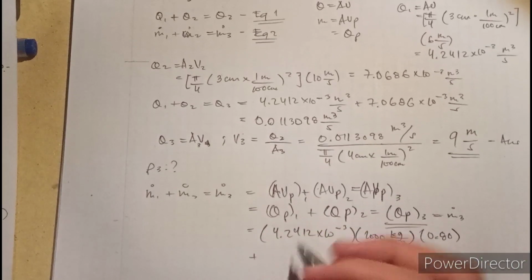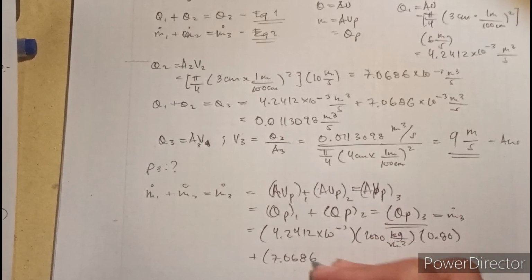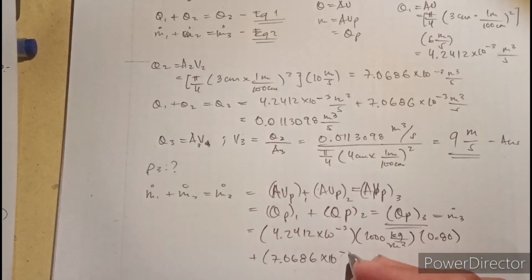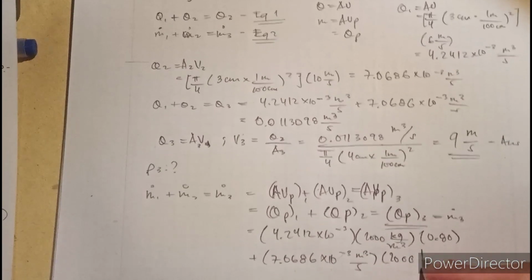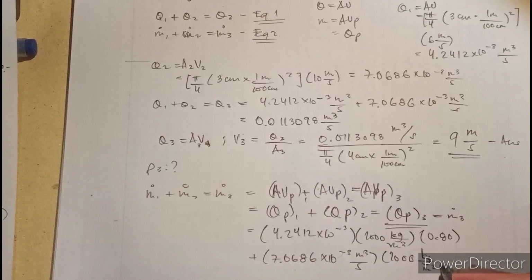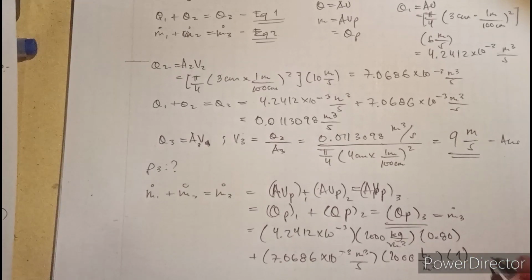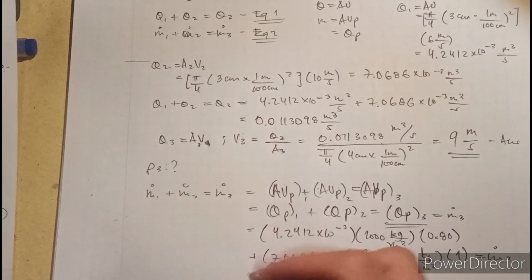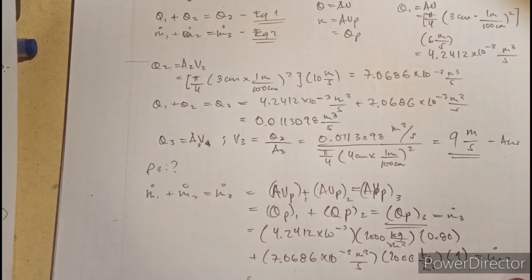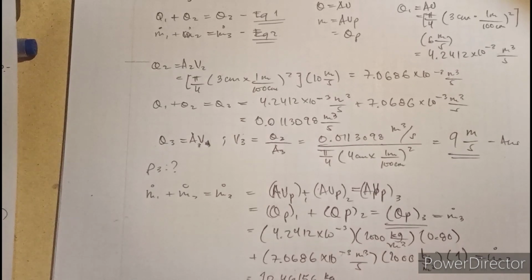Then use Q2, 7.0686 times 10 to the negative 3 cubic meters per second, with the same density and a specific gravity of 1, since it is water. Equating mass flow rate, this leads to a mass flow rate of 10.46156 kilograms per second.